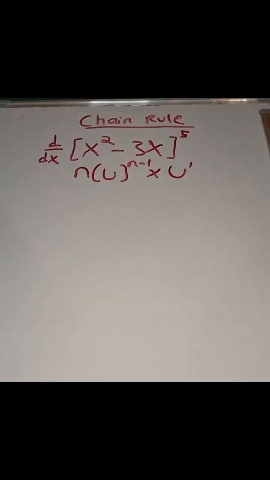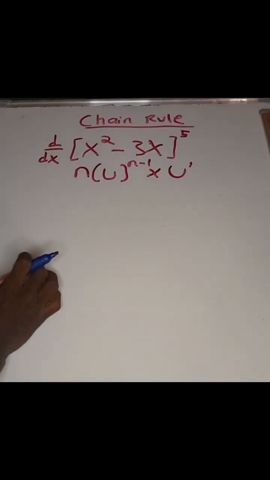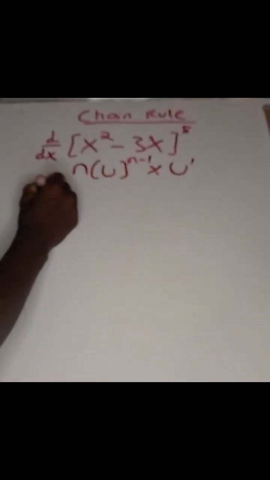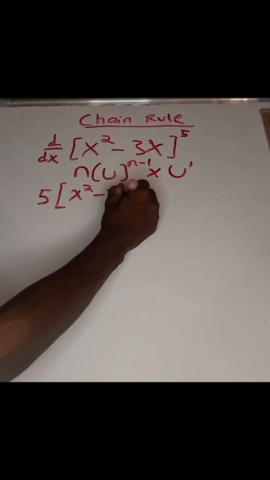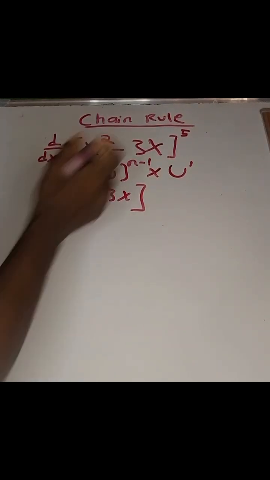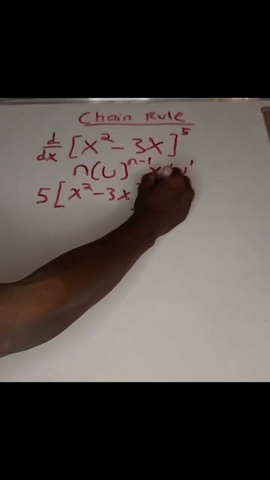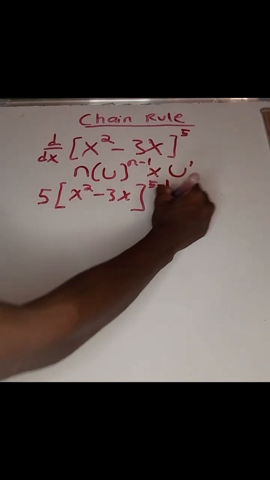Suppose that this bracket is our u and our power 5 is the n. So we keep the 5 down, and our bracket u, which is x square minus 3x, and then we subtract 1 from 5, so 5 minus 1, multiplied by the derivative of the inside bracket.